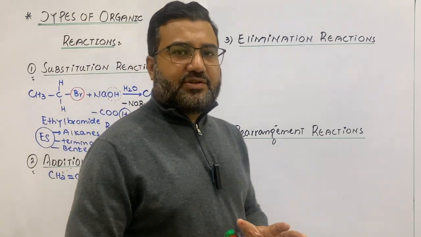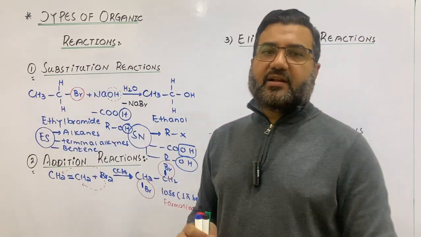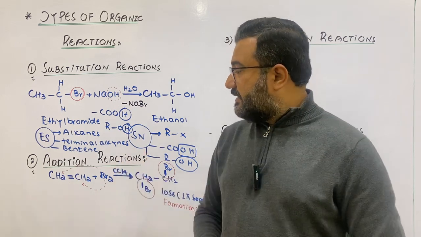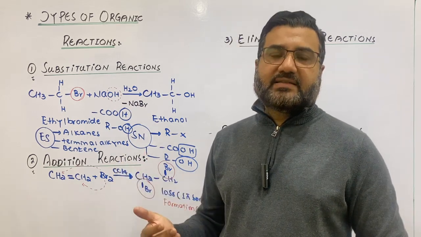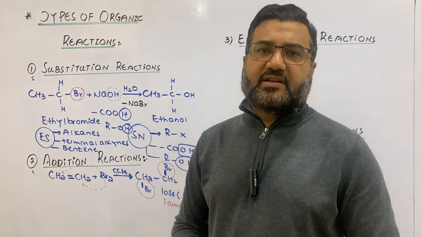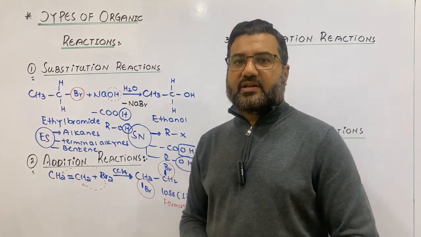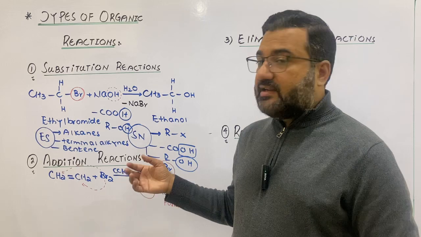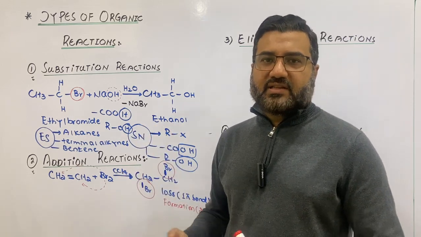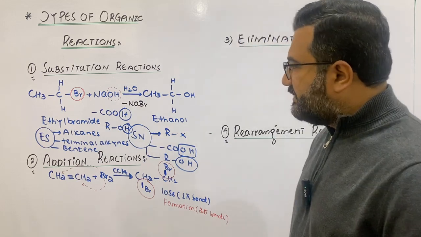These reactions are shown by all those organic compounds that have multiple bonds, like alkenes, alkynes, then benzene and aromatic compounds. They also show addition reactions, but they are reluctant to do so. And then aldehydes and ketones have a multiple bond between carbon and oxygen. They also show addition reactions.